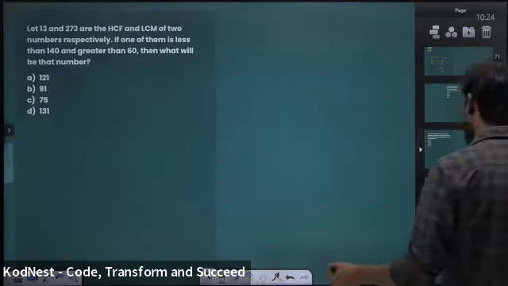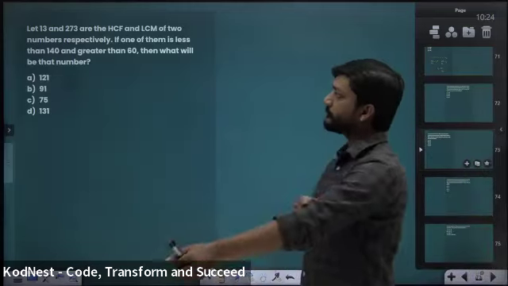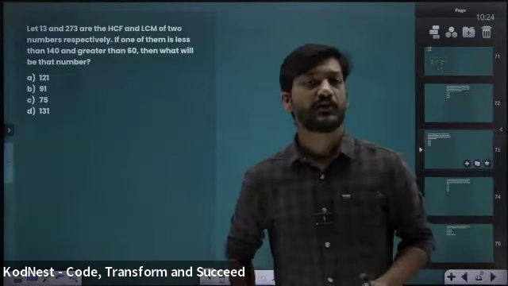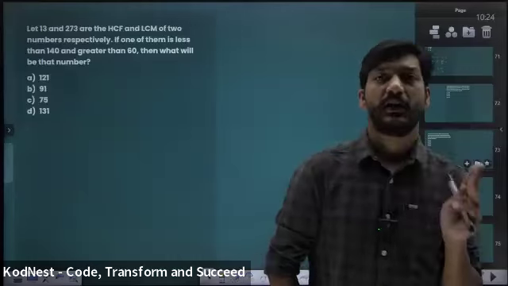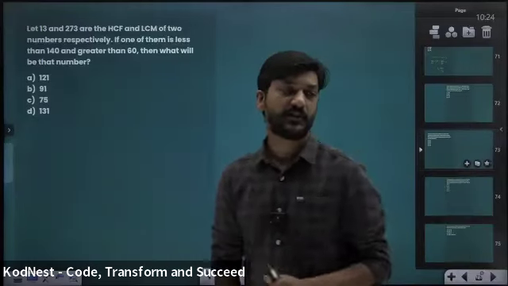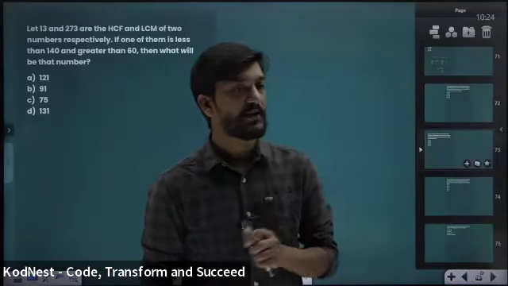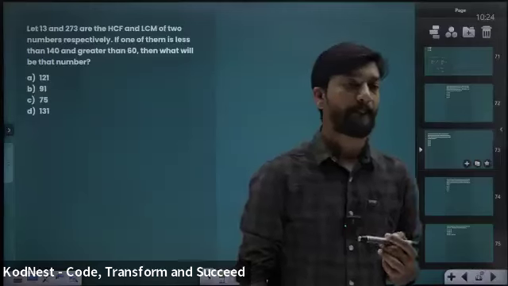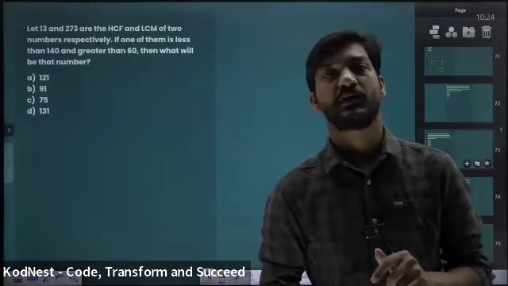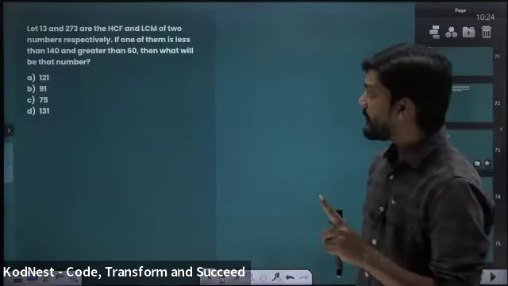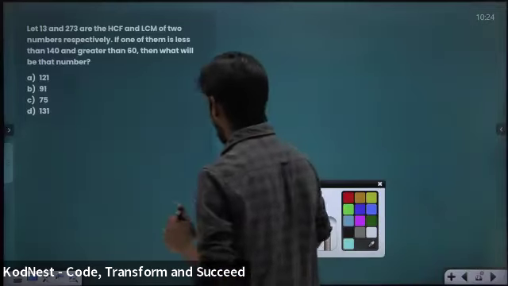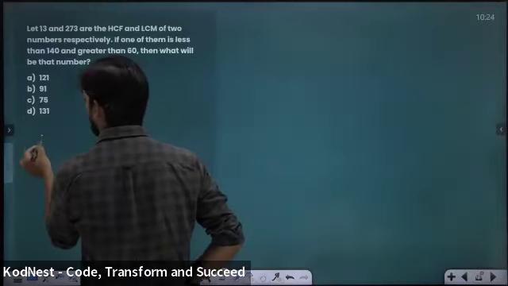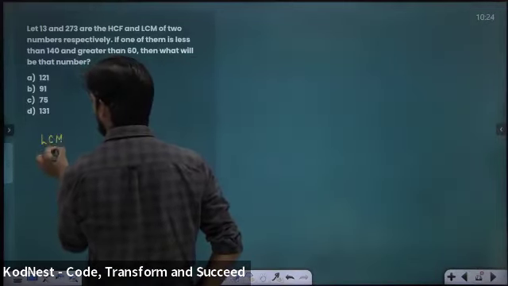All right, see the question, please. How many values are given out of N1, N2, LCM, HCF? Out of the four values, only two are given: LCM and HCF. So first you will have to write this.